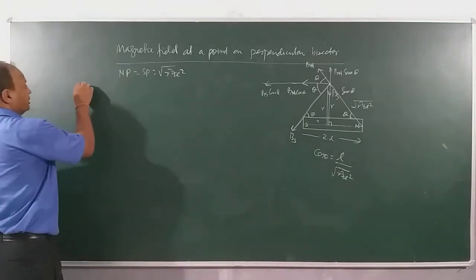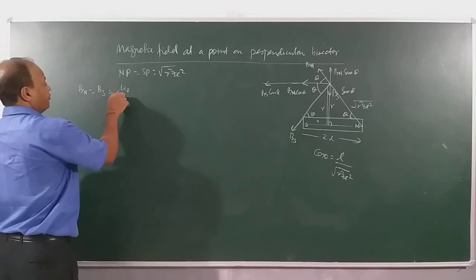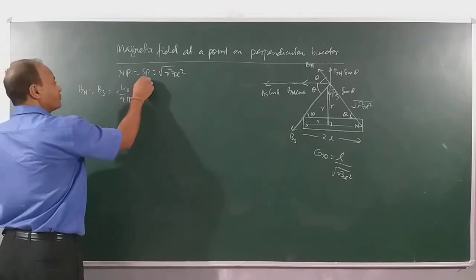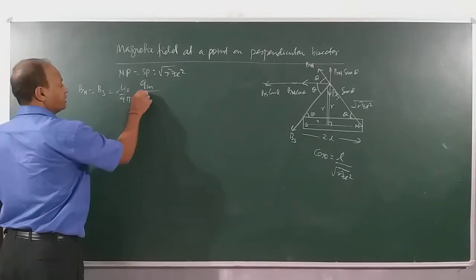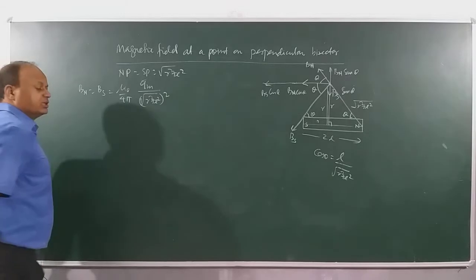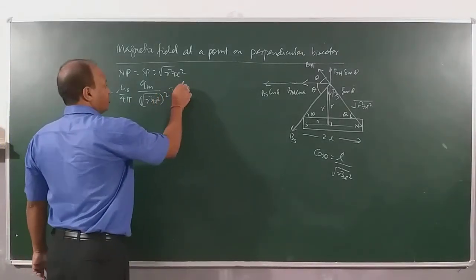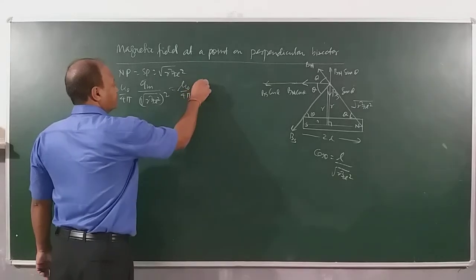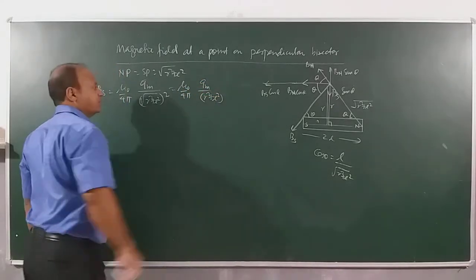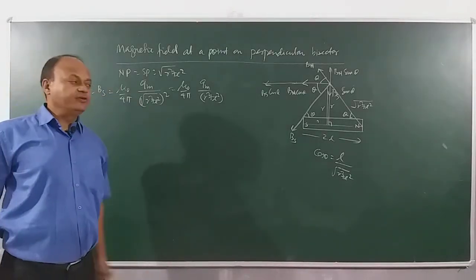Because Bn will be equal to Bs, and both will be mu naught by 4 pi, Qm by root over r square plus l square whole squared. If you square, the root is removed, so you get mu naught by 4 pi, Qm by r square plus l square. So obviously along the vertical direction there is no field.